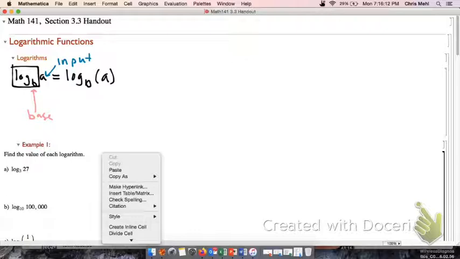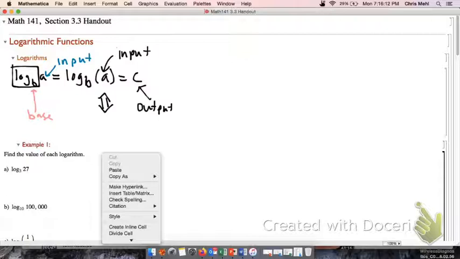But what I'm going to say here is that the output, or the value of this logarithm, if it is c, this happens if and only if, now this is where this comes from. If you think of a as the input and c as the output of the logarithm, log base b of a equaling c.